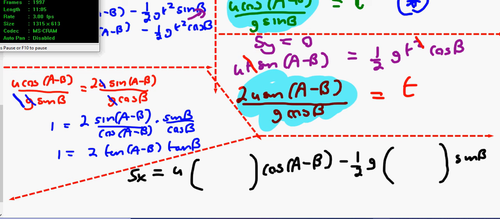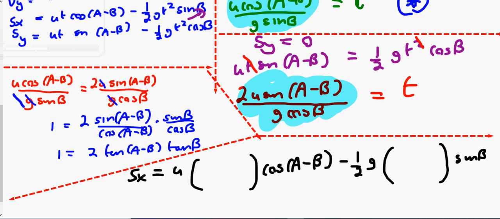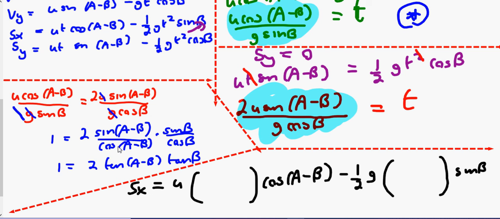Now, let's put in the top one. This is not going to look good. It's going to be pretty bad. This is going to be u cos(a minus b). Everybody got that? Over g sin b.